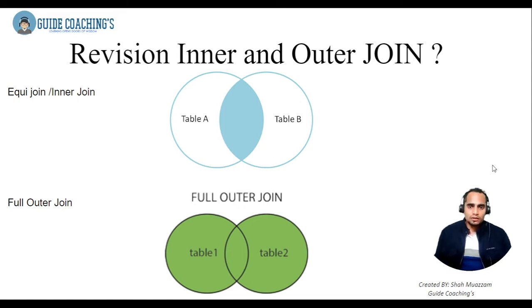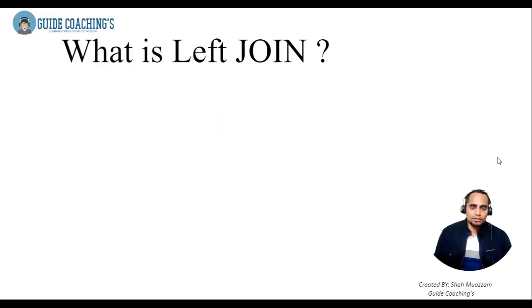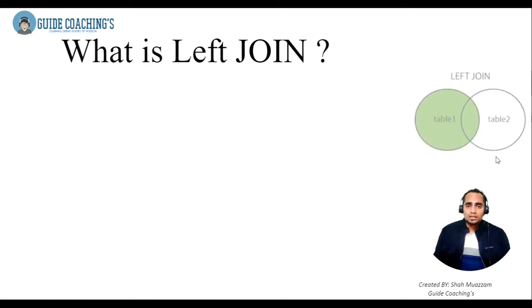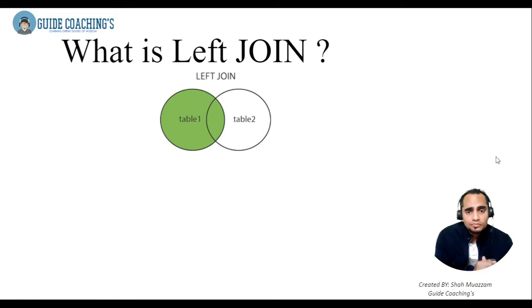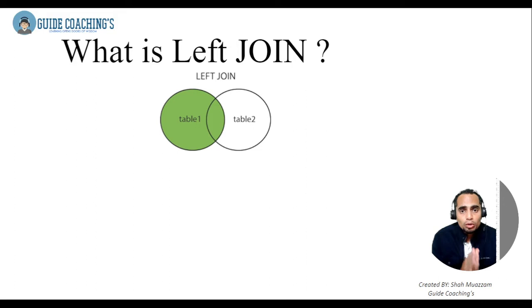Then we will move to today's topic, that is the left join and right join. First of all we will see what is left join. As the name suggests, whenever we have a requirement to print all the values from the first table and the common values from the second table, understand the requirement, because on the basis of this requirement only you will be creating the joins of two tables or more than two tables.